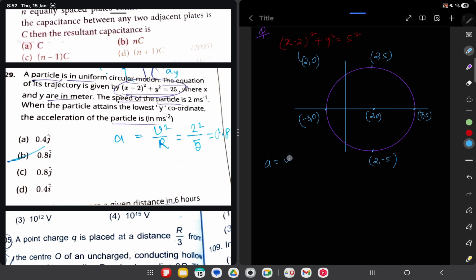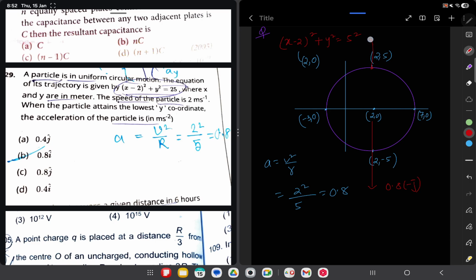So the acceleration will be v square by r. V is 2, so square by r is 5, that gives 0.8. The acceleration will be along this direction, 0.8 minus j cap, as it is in uniform circular motion.